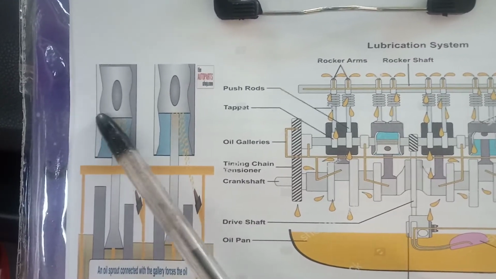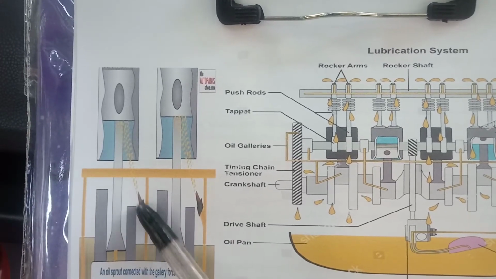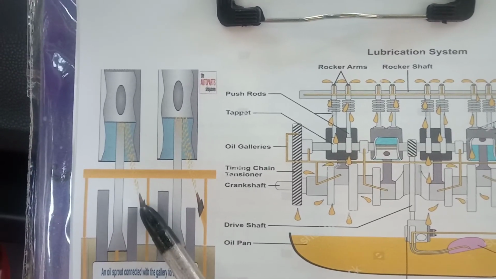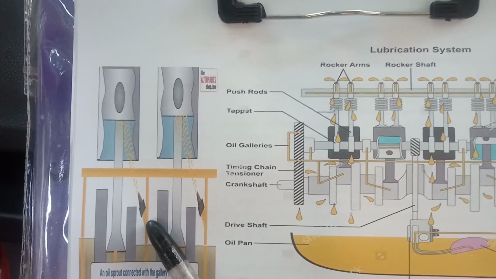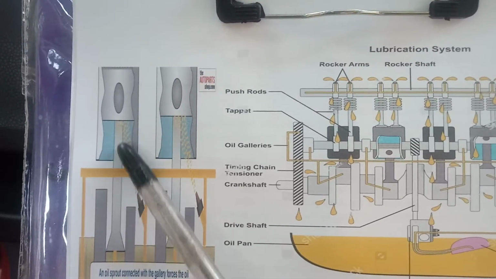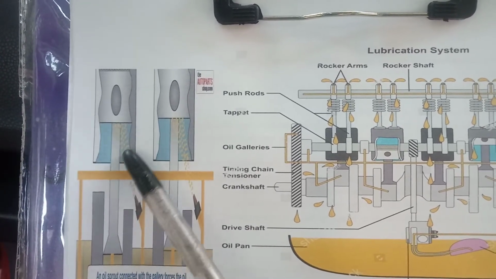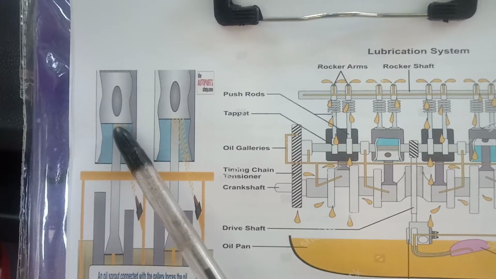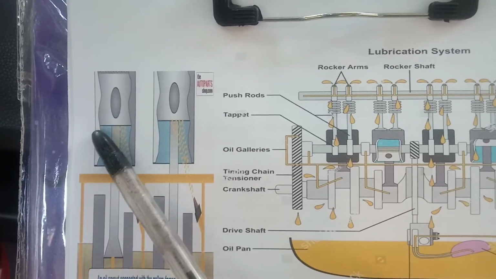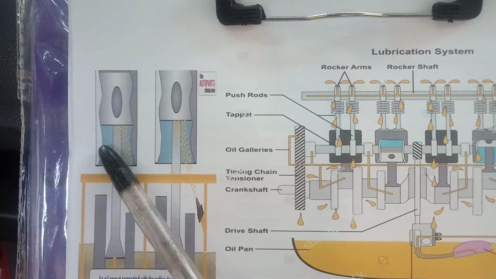So this oil acts as a sealant. Pressurized lubrication has an oil jet like this. This jet forms a mist or spray of oil, and it sprays the lubricant oil under the piston. Due to this, a film is formed between the piston and cylinder.